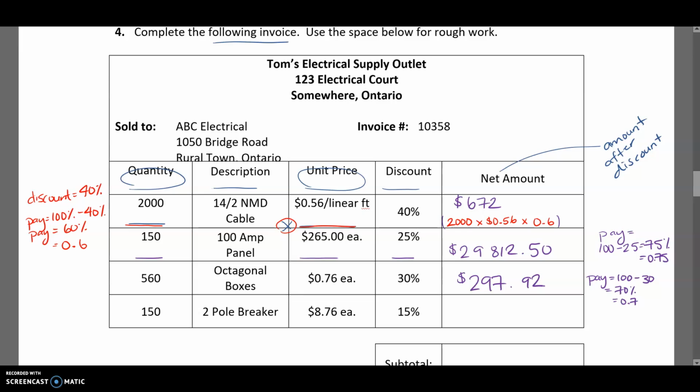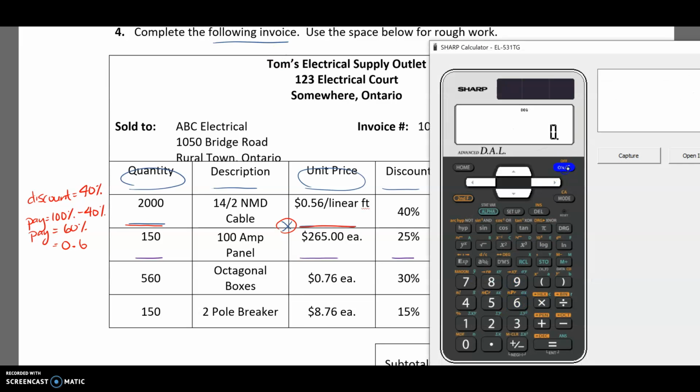In the final example, I'm buying 150 two-pole breakers at $8.76 each with a 15% discount, which means I'm paying 100 minus that 15%, or 85% of the price. As a decimal, 0.85. So I can calculate 150 times $8.76 times 0.85.